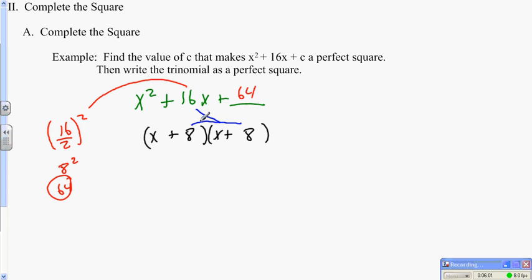And we square it because these two terms, when multiplied, have to give you 64. So those two components must be satisfied in order for it to be factorable. Hence we divide by 2 to satisfy the first part, and we square it to satisfy the second part. And this is a perfect square. So the number that would complete this and make it a perfect square is 64.